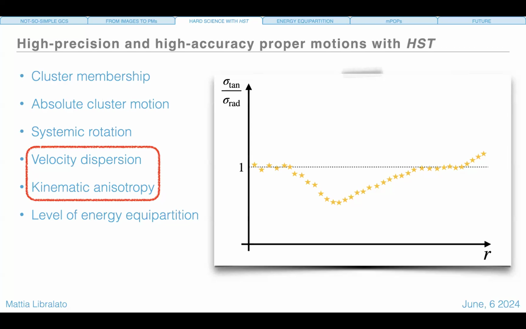So here you have, again, distance from the center on the x-axis, and on the y-axis this ratio between the tangential and the radial components of the velocity dispersion. Tangential and radial are the two orthogonal directions of motion used to compute the anisotropies with proper motions.